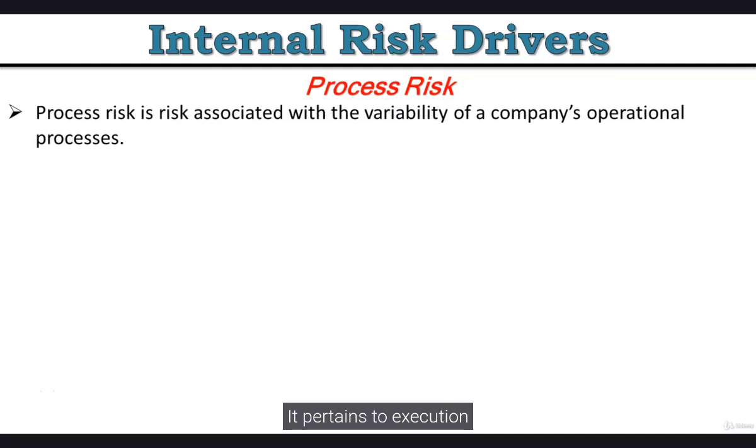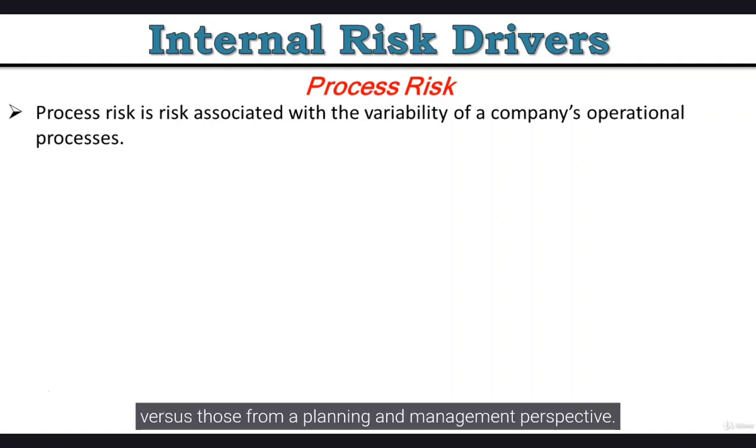It pertains to execution, whereas control risk relates to planning. The two dimensions are inextricably linked and interdependent, but nevertheless, it is useful to consider separately events that may go wrong physically and operationally versus those from a planning and management perspective.